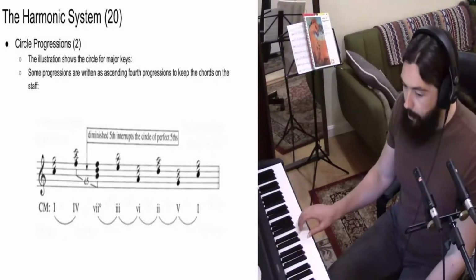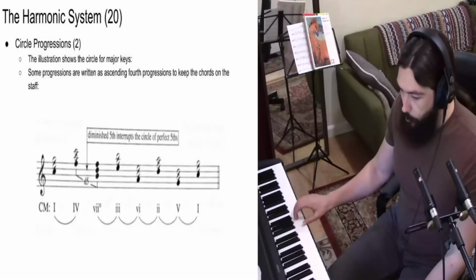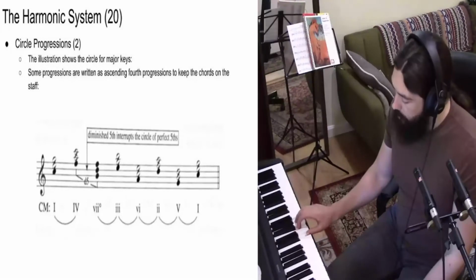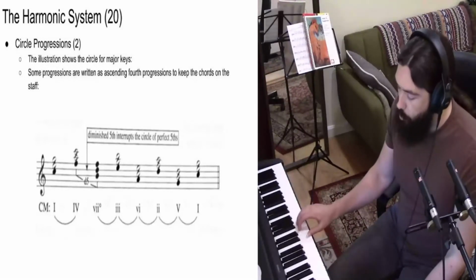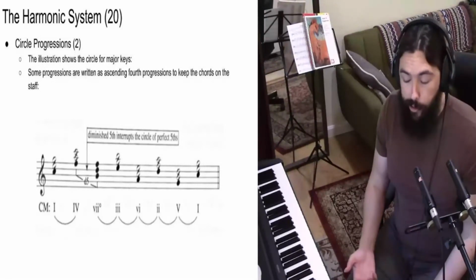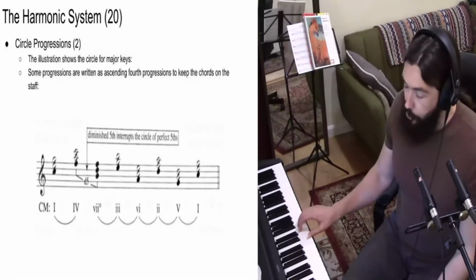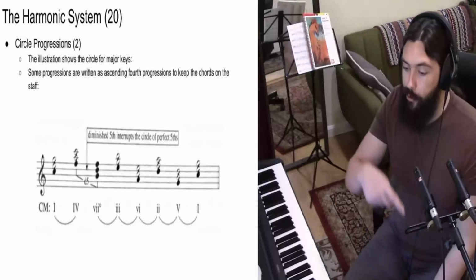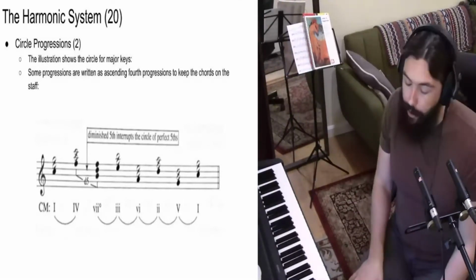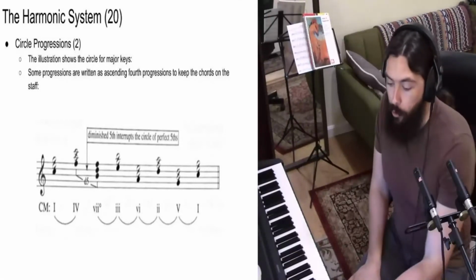Again, we have our 1, 4, 7, 3, 6, 2, 5, 1, and that's what's called a circle progression. You start on your 1 chord and go around in 4ths and 5ths and end up back at the 1 chord.